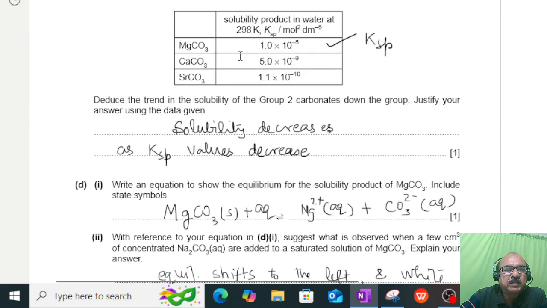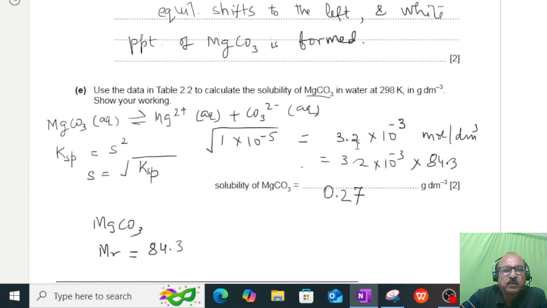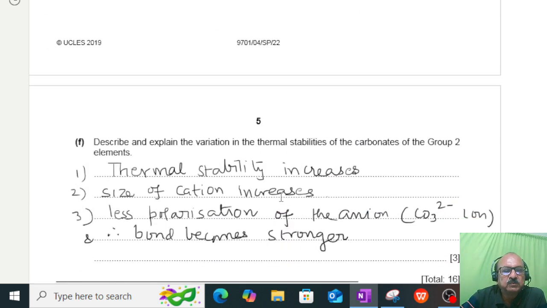The KSP value has been given over here, and you just take the square root of it. You get the answer of solubility in moles per dm cube, and when you multiply it by the Mr of magnesium carbonate, which is 84.3, you can add up the atomic masses, you will get the solubility in grams per dm cube, which is 0.27.